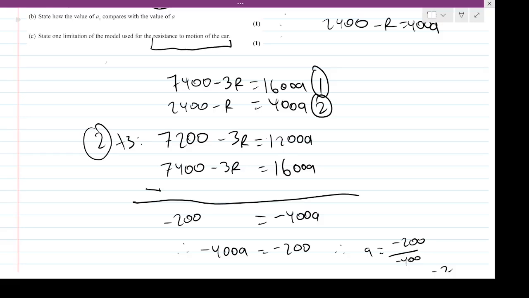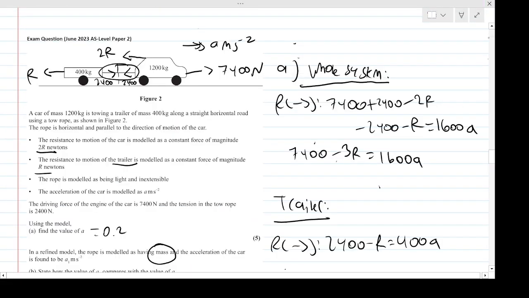Then in part C, state one limitation of the model used for the resistance. So specifically, what's wrong with the resistance used here? If we look at these two sentences to do with the resistance, it's modelled as a constant force. That's the main issue. The resistance is constant throughout.